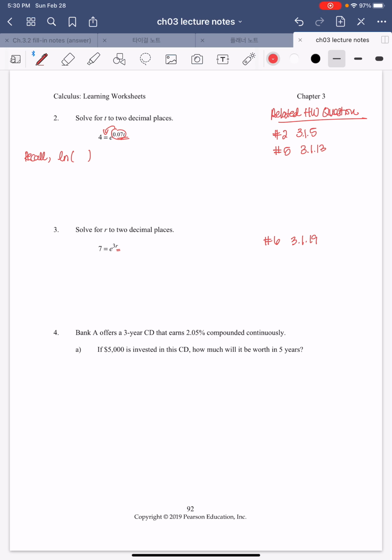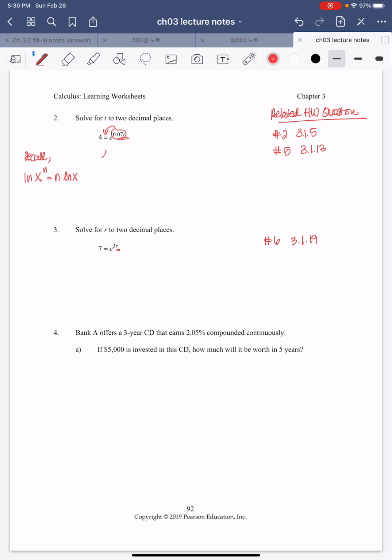If you apply ln, one of the rules is that you can bring down the power in front, right? So one of the properties of ln, the logarithm, is the power rule. So recall, let me write it over here. ln of x to the n is equivalent to n times ln x. Okay, so that's what I'm gonna do.